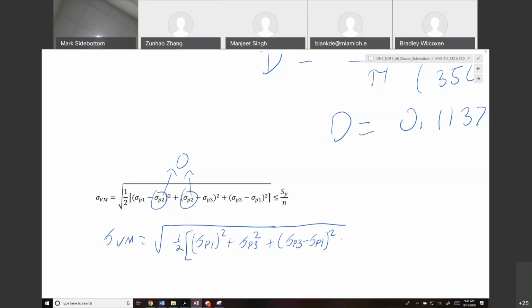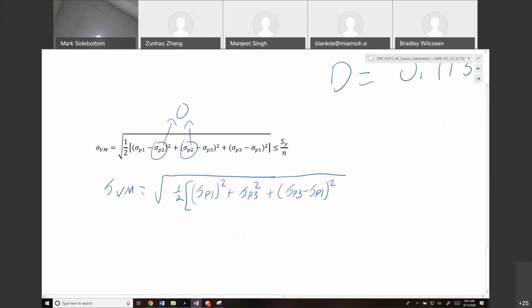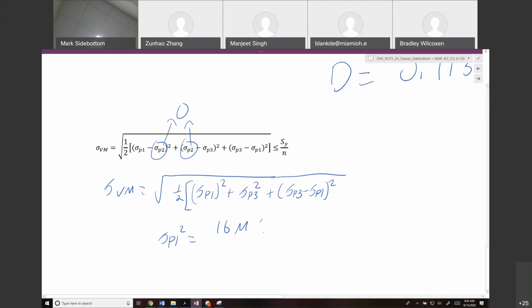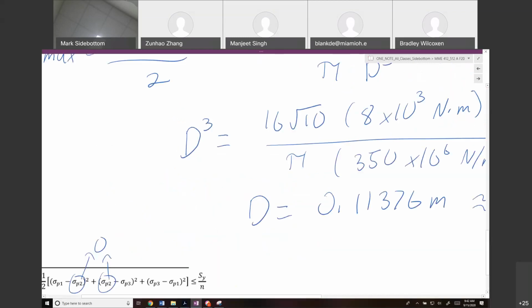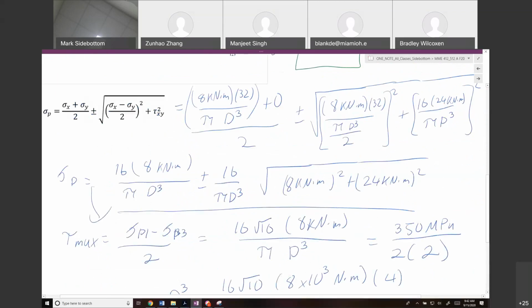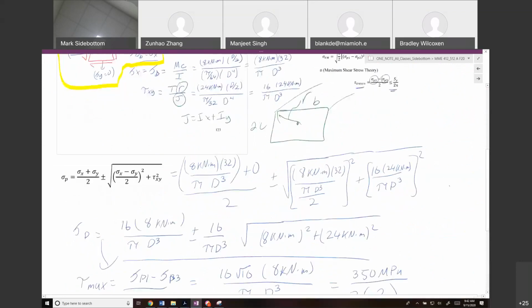So if we plug in those values, what we end up getting here is, I guess the one thing I should show is that if we set our 8 kilonewton meters as being our moment, we set our 24 kilonewton meters as 3 times the moment.